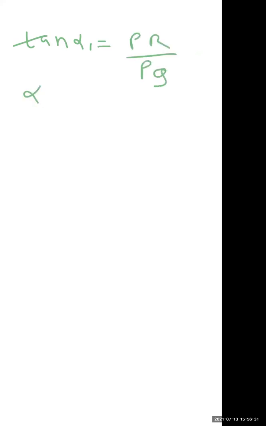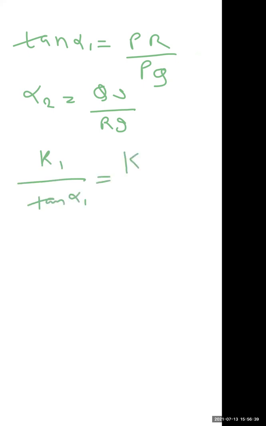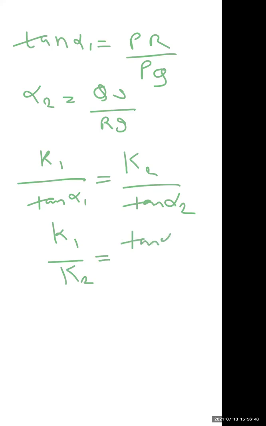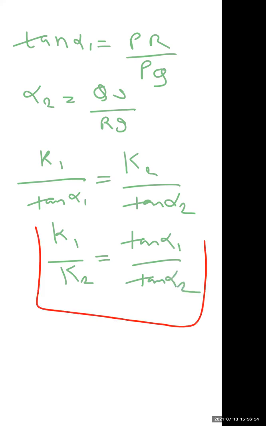So alpha 1, alpha 2, PR and PQ are converted in terms of K1 and K2. So K1 by tan alpha 1 equal to K2 by tan alpha 2. Also we can write K1 by K2 equal to tan alpha 1 by tan alpha 2. This is the relation for flow through a non-homogeneous section that has K1 and K2 permeability, and alpha is the angle at the interface between two sections.